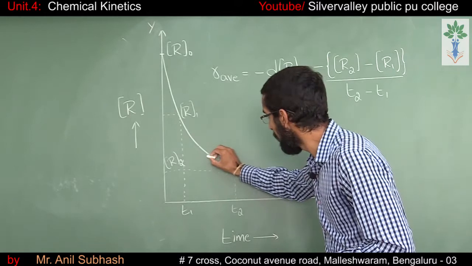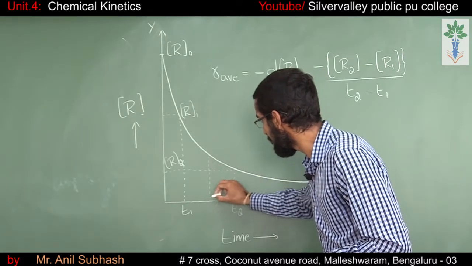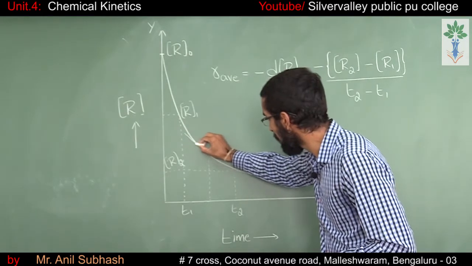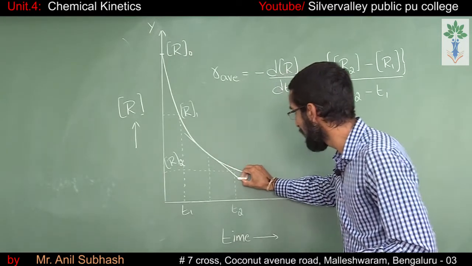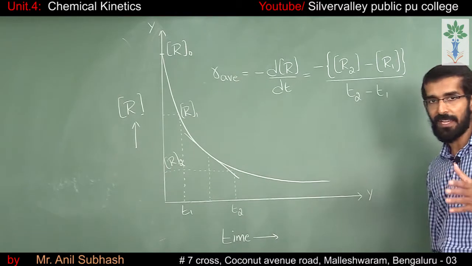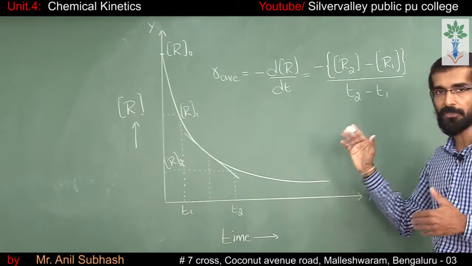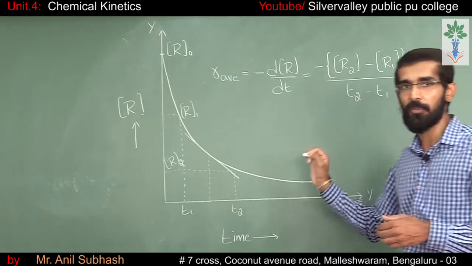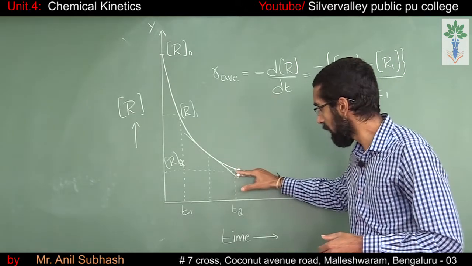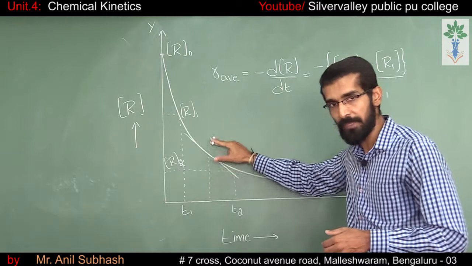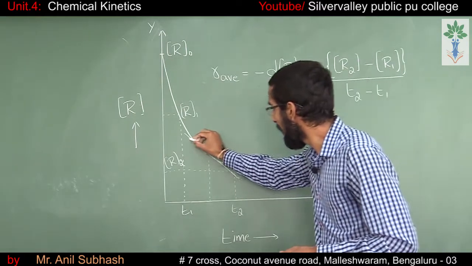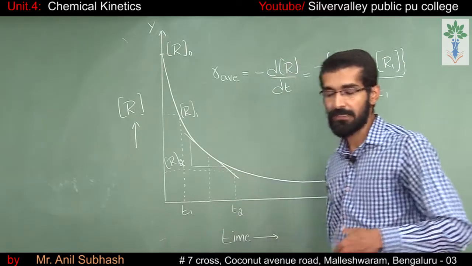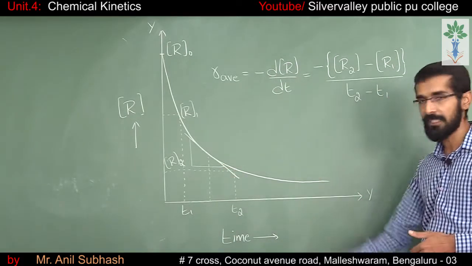Suppose I want to find out the instantaneous rate at this time, then I need to draw a tangent to this curve. As we all know, a tangent is a line drawn to a curve which meets the curve at one and only one point. Thus the tangent drawn to this curve at this time, and if I find out the slope of this tangent, I get the instantaneous rate.